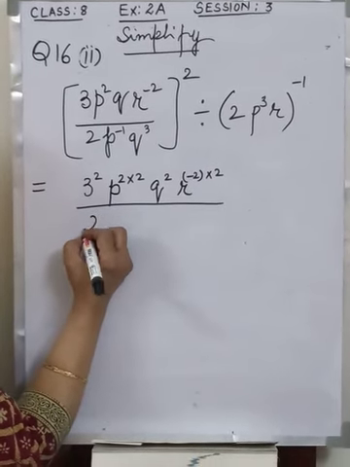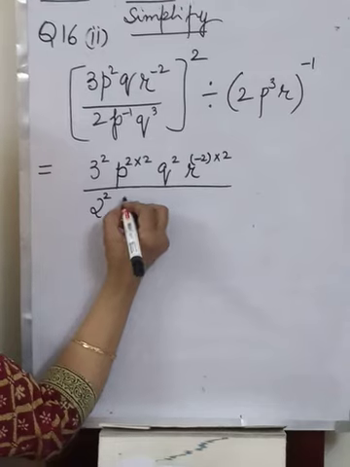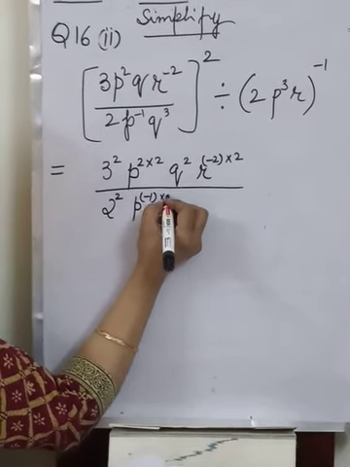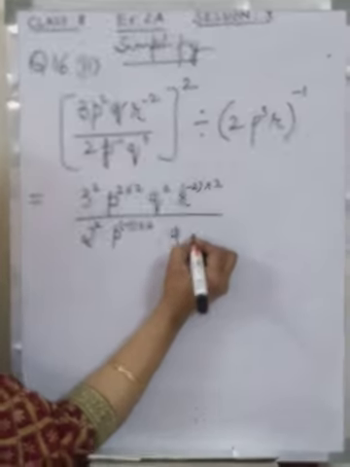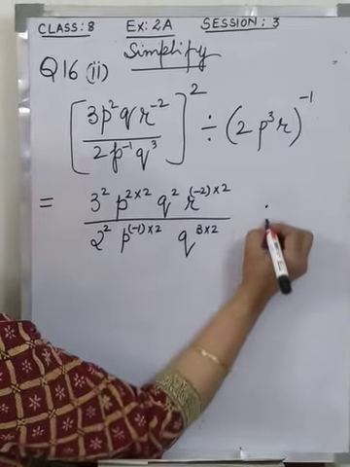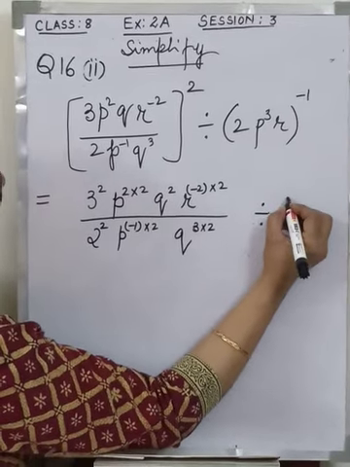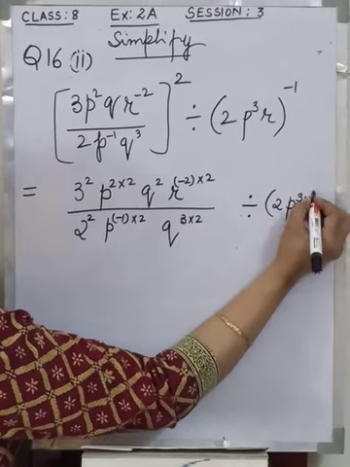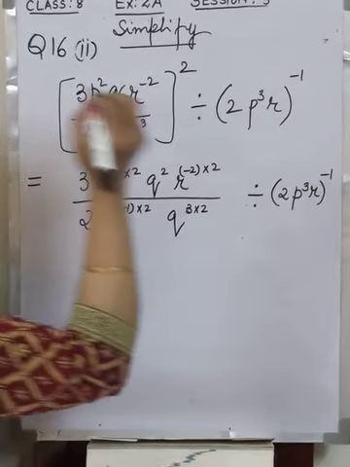So 2 to the power 2, p to the power minus 1 into 2, and q to the power 3 into 2, divided by 2pqr whole to the power minus 1.